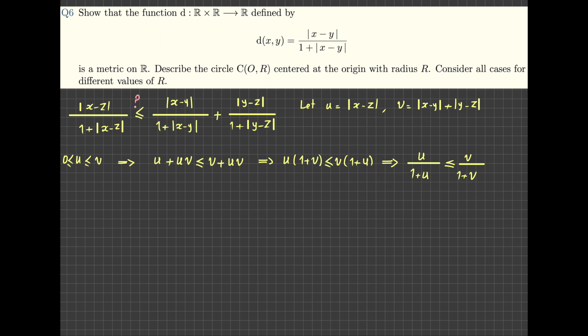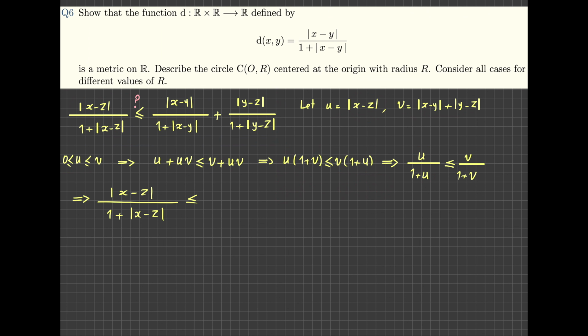Okay, and now I replace these absolute values instead of u and v. So what does it mean? It means that instead of this u and this u, I plug in the absolute value of x minus z. This is less than or equal to, and instead of this v and that v, I plug this in.